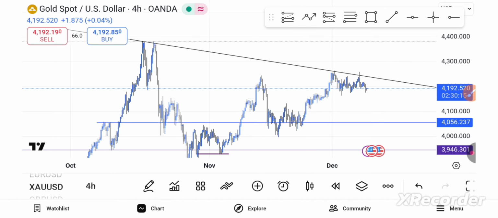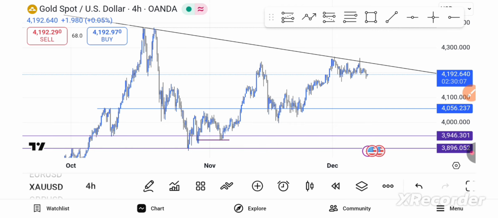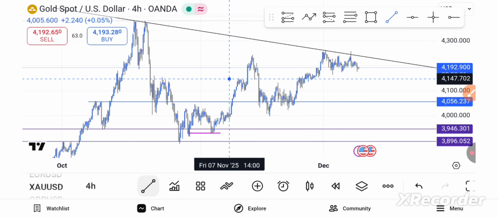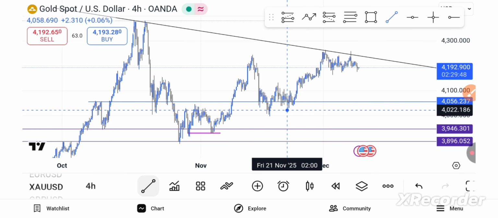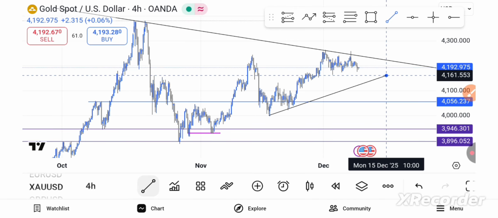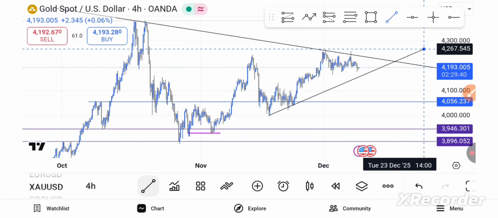Currently, from the 4-hour time frame, we can see a reason to say, okay, let's identify the market structure. This is what we call the inner trend. You get to analyze the inner trend.